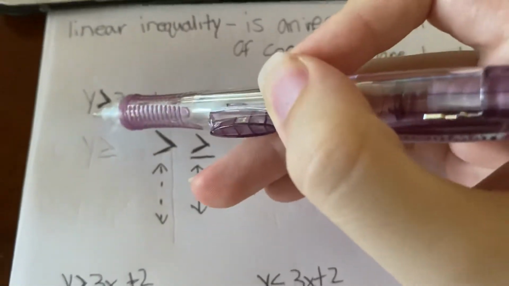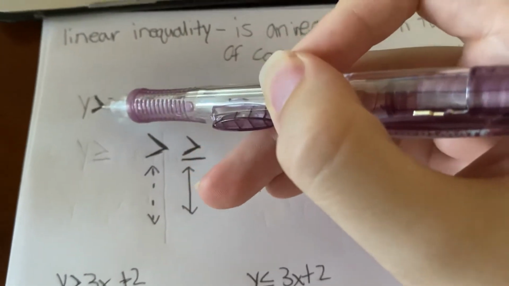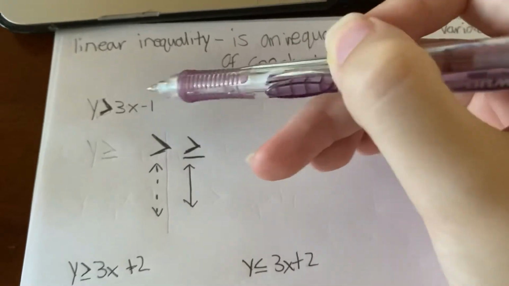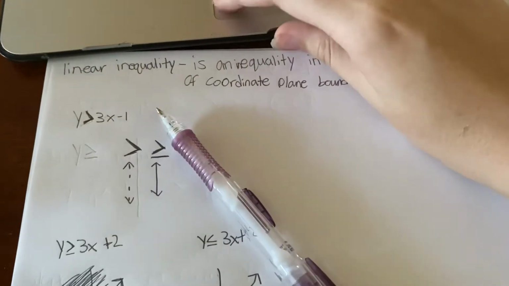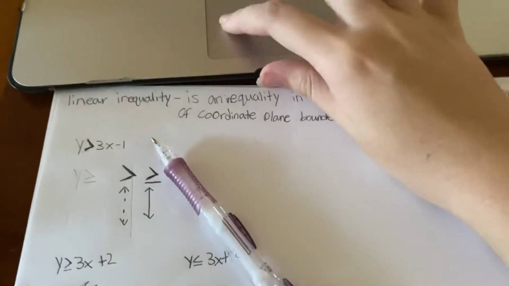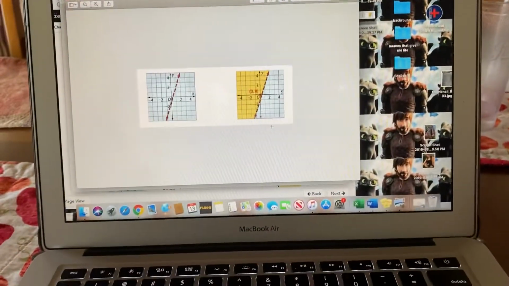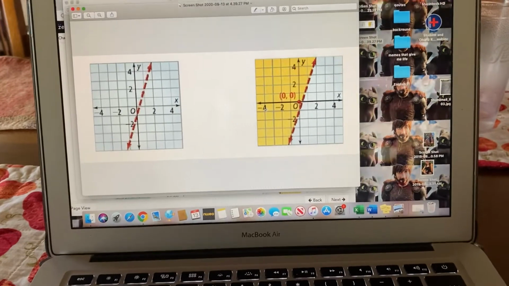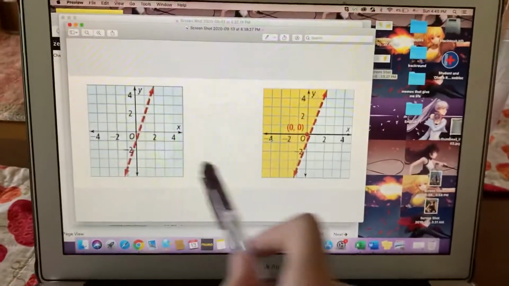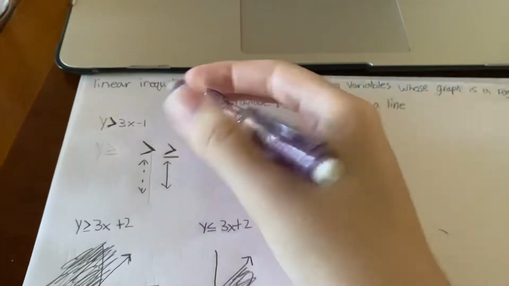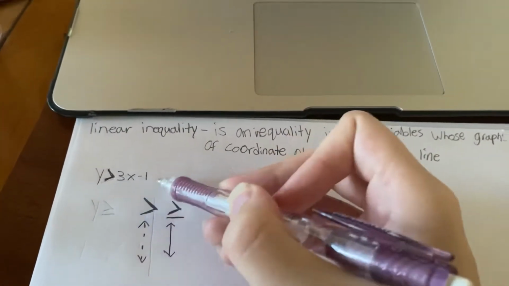This one, y is greater than 3x minus 1. Now I'm going to pull up a diagram right here. If you look at this diagram, this is what's happening here. The equation was y is greater than 3x minus 1.